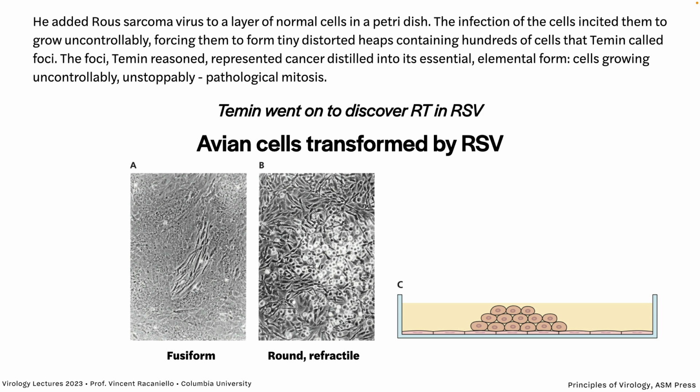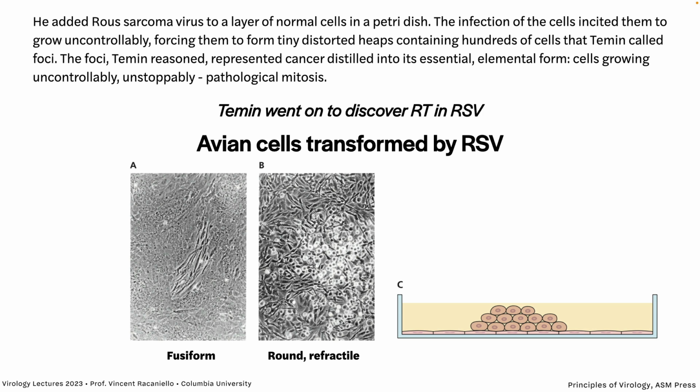You can see the background of regular, normal chicken cells there. And then this focus, as he called them, of transformed cells. And then you could make round, refractile cells as well. You could imagine counting these, right? And then you could have a titer of the virus in focus-forming units per milliliter, just like plaque-forming units per milliliter. And that's exactly what he did.